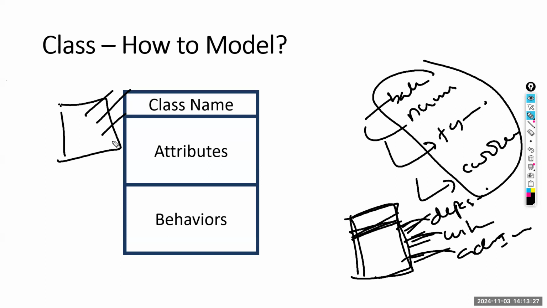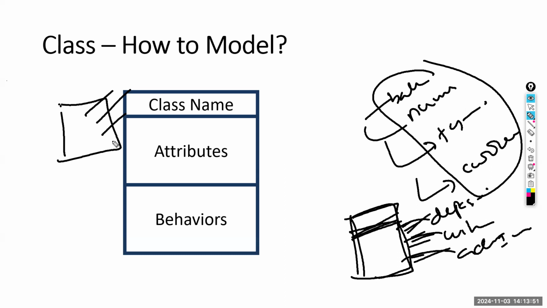Right. So your objects are the things that we are interested in in the system, like account objects, payment objects, customer objects. Then your objects have attributes and behaviors. Different objects have different attributes and behaviors.